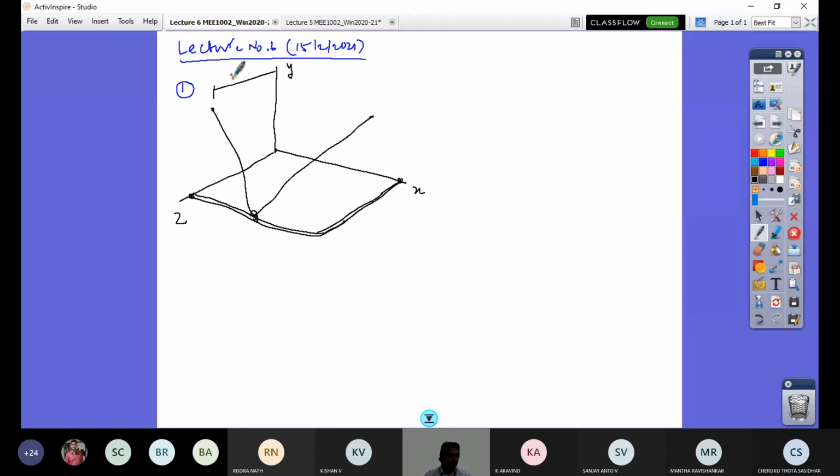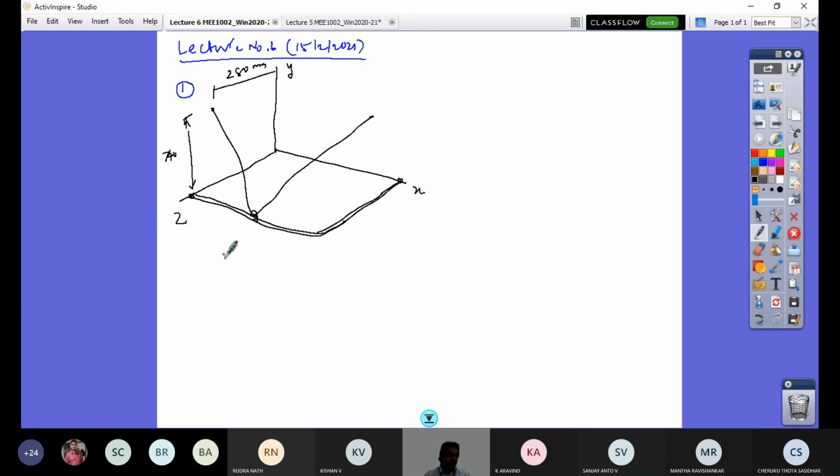This is at a distance of 280 mm. And this is positioned, I have not drawn this to scale, along this at a distance of 740 mm.